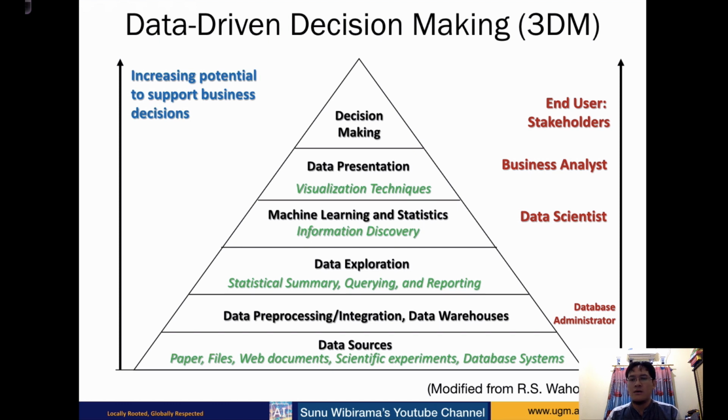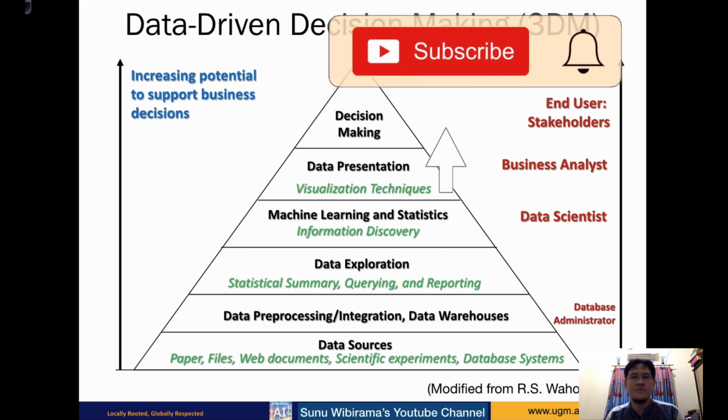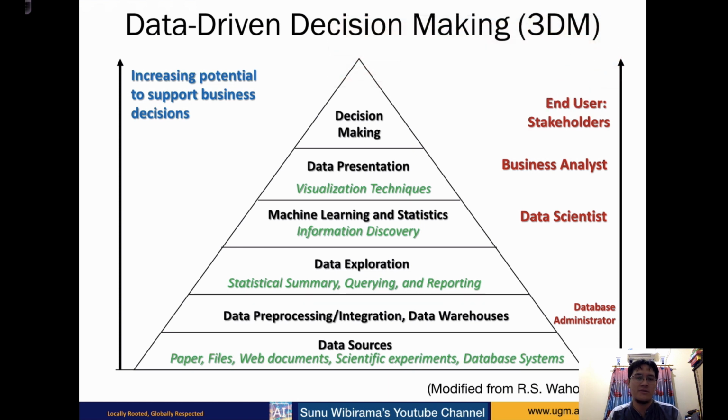So it's quite useful. For example, if you have very large inventories and very large data sources, you can get a lot of data from papers, files, like attendance machines, like fingerprint machines, and you have to employ specialized persons to manage those kinds of data, like a database administrator.